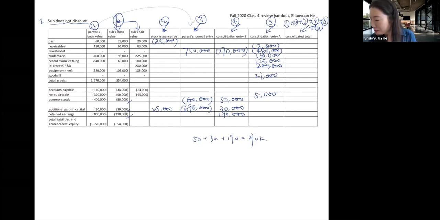So the cash adds up to 64,000. Receivables is 213,000. Investment should go to 0. Trademark is 625,000.